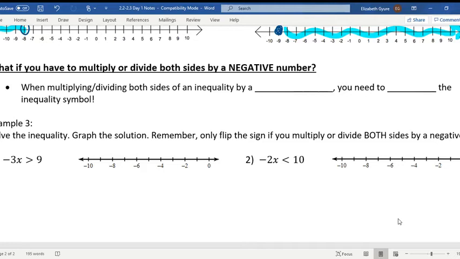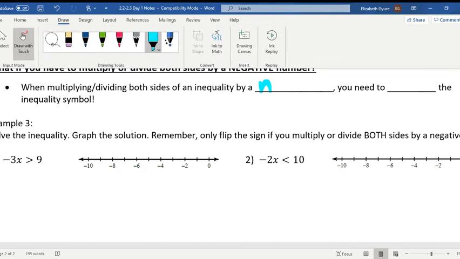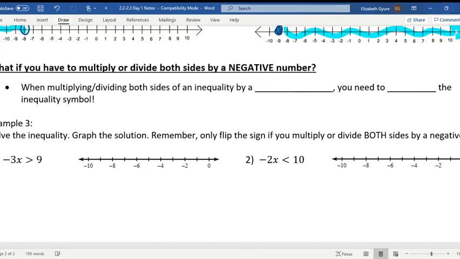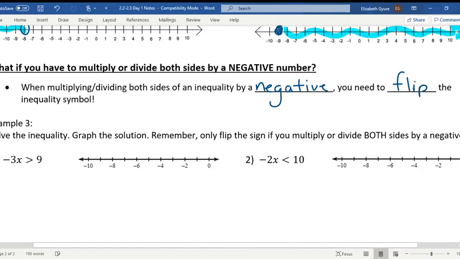So when multiplying or dividing both sides of an inequality by a negative, you need to flip the inequality symbol. A greater than is going to become a less than. A greater than or equal to is going to become a less than or equal to, and vice versa.